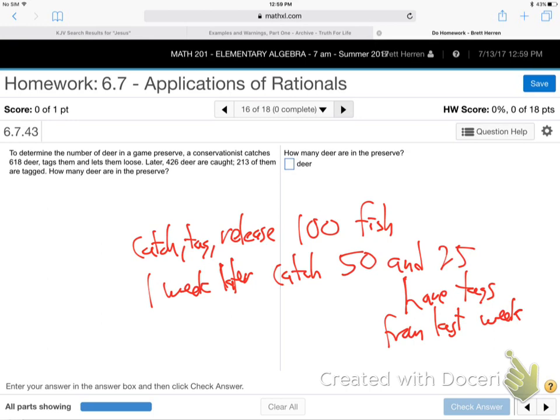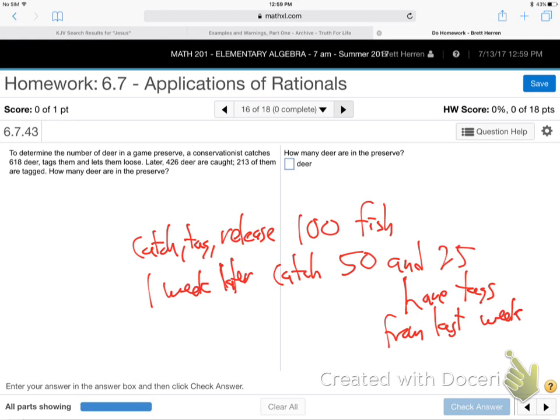Probably half of the whole lake is tagged fish, right? That's what you do with polling for an election. Whatever you get in your little sample, you assume that's true for the whole thing.